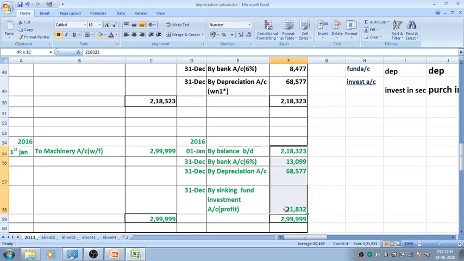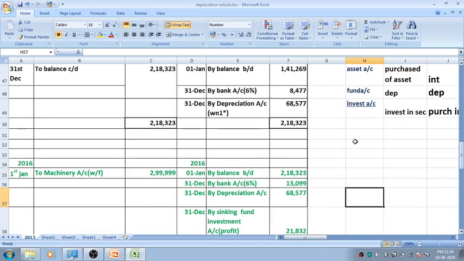So now total all three, you get 2,99,999. Now how do you close the sinking fund? By writing it off to machinery account. So journal entries to machinery account or to asset account, any asset account. So here it is machinery. So to machinery account, written off the whole amount 2,99,999 and close the account. This is your balancing figure.